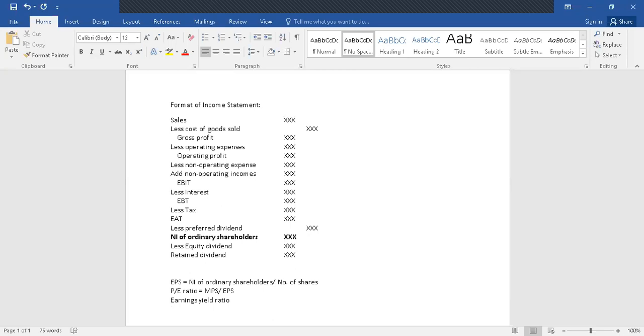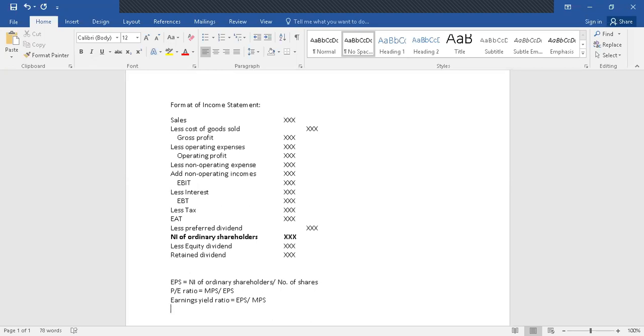So it is market price per share divided by earnings per share. If EPS is good, MPS also would be good. If EPS is not good, MPS also gets affected. The same thing is expressed in the earnings yield ratio, which is the inverse of that: EPS divided by market price per share.